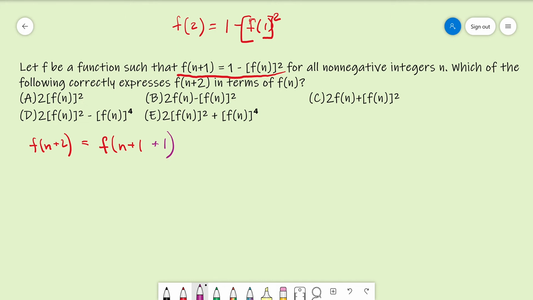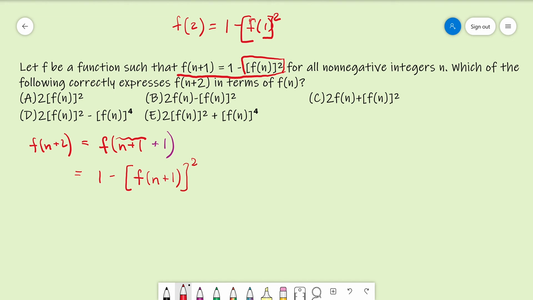And then if you take this f of n plus 1, so you can write this as 1 minus, and then instead of f of n, like we have here, we're going to write f of n plus 1, quantity squared.